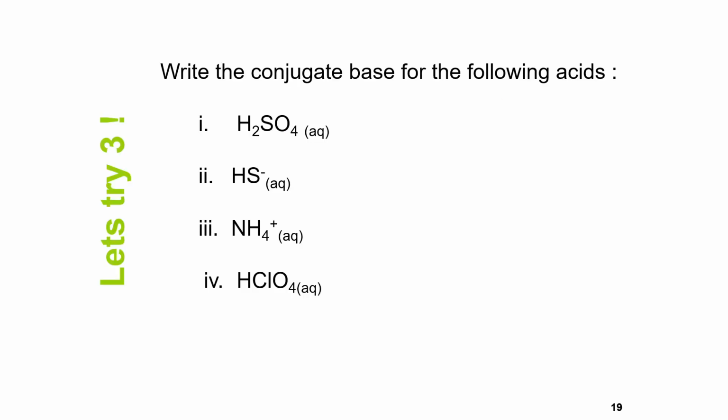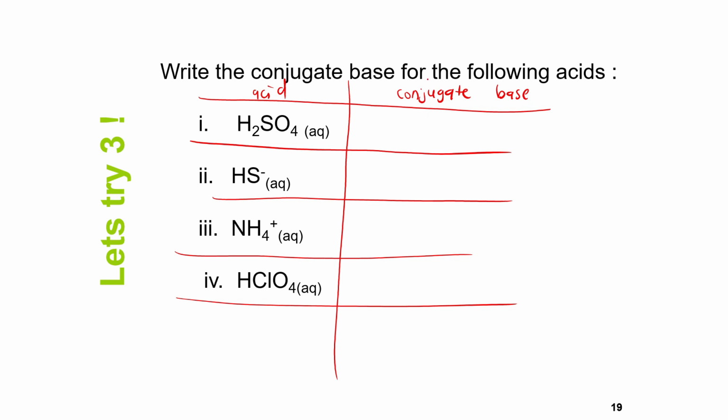This one is exercise for Bronsted and Lowry definition. So write the conjugate base for the following. H2SO4. So ni semuanya ialah acid. So kita tahu acid ialah proton donor.